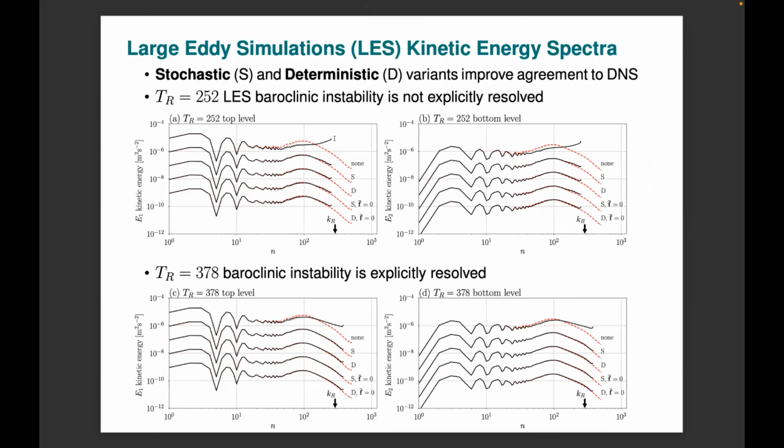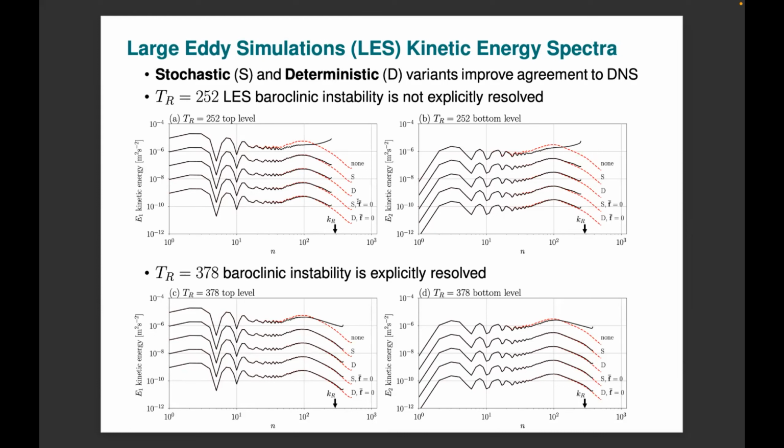And the black line is if we just simply truncate it and apply no additional subgrid modeling at all, and you get, as you would expect, ridiculous results. But if you add in our stochastic variant of the Eddy interactions and all of the mean subgrid tendency components, or the deterministic one, it largely corrects for the missing scales.